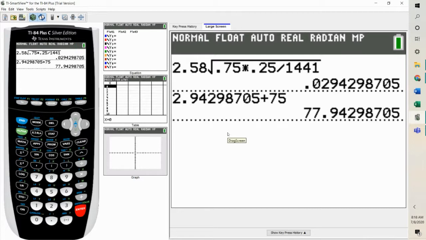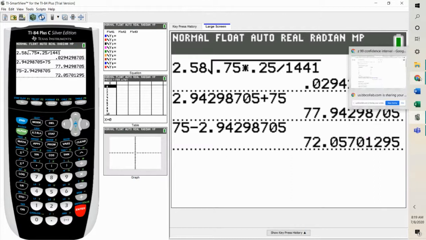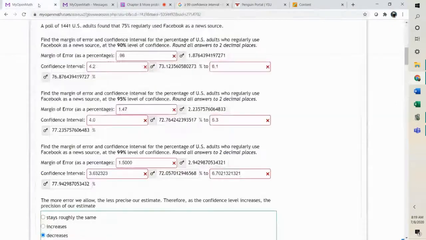To do the opposite, you subtract it. 75 minus 2.942988705. We get 72. So that's how they got that interval. You could find the margin of error first and then add it and subtract it to your proportions. But any way that you do it, decimals can be off, and therefore I will accept either way. It's up to you.